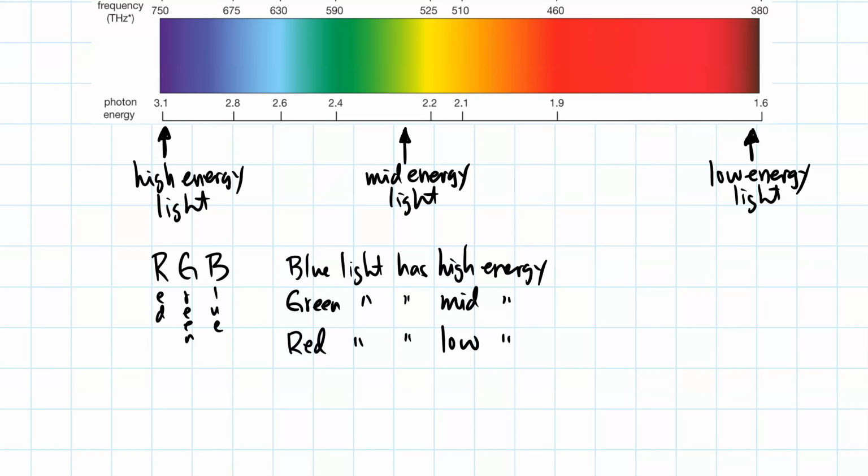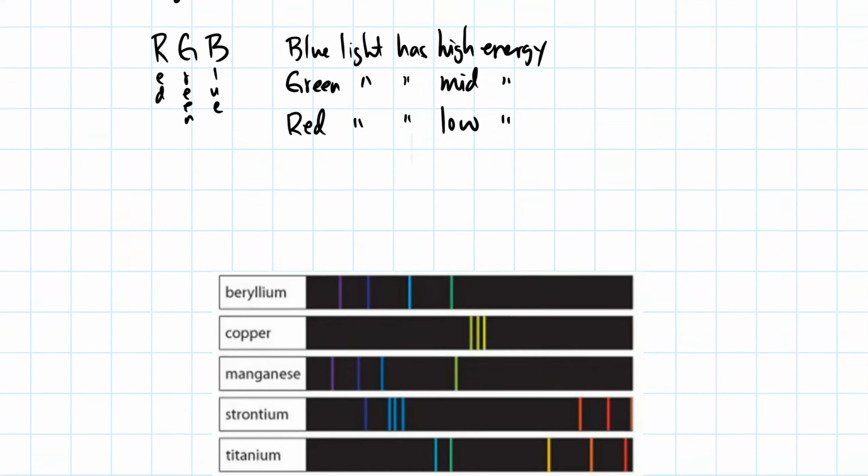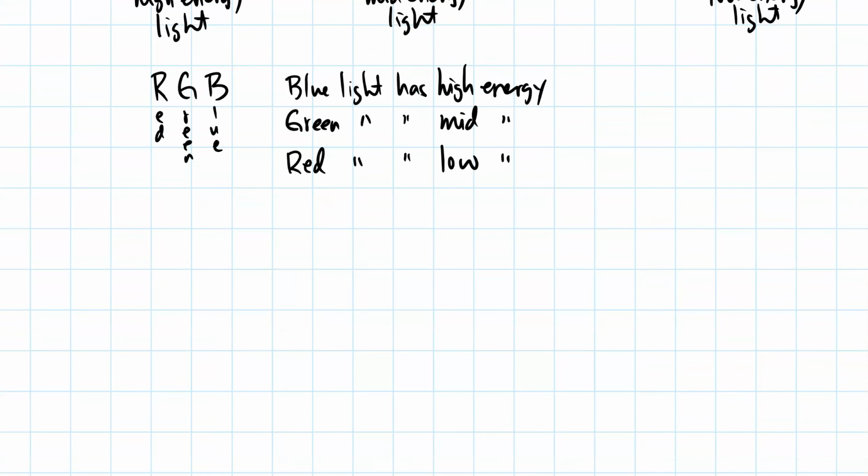So when an electron falls from a higher energy level to a lower one, the electrons emit light of a particular color related to the size of the jump. So let's write that out.